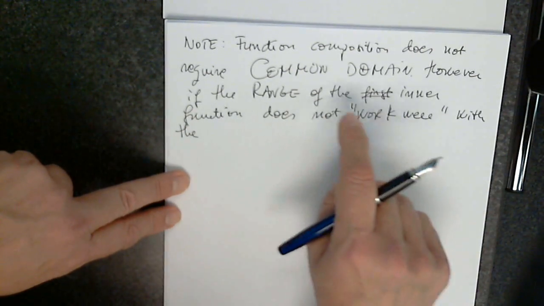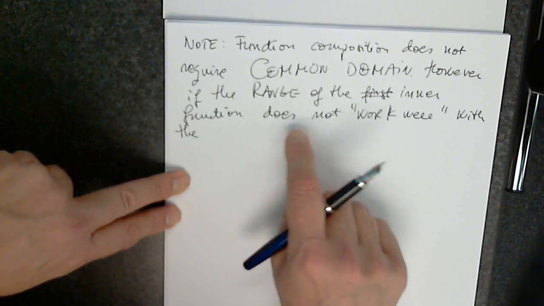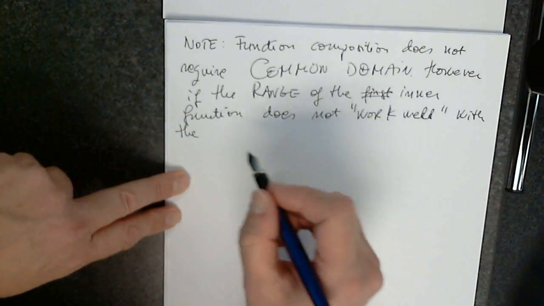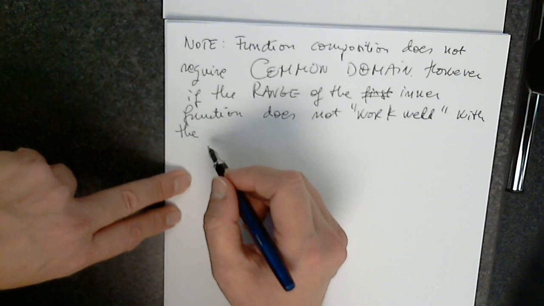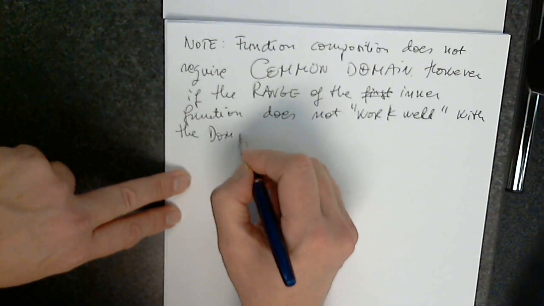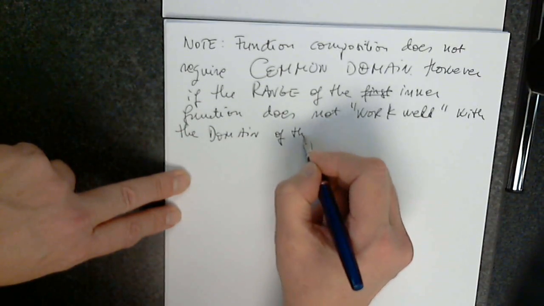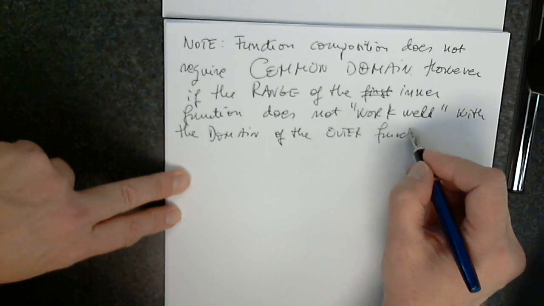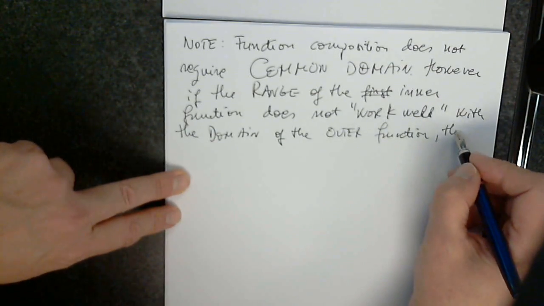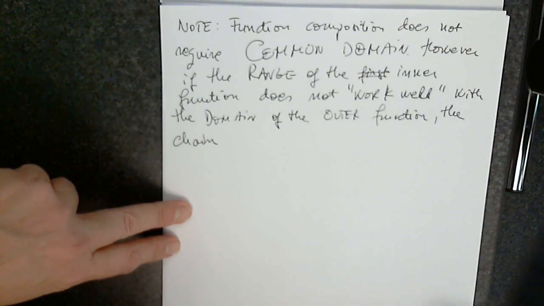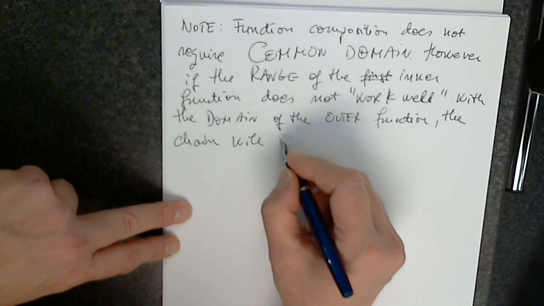However, if the range of the inner function does not, quote unquote, work well with the domain of the outer function, the chain will be broken.